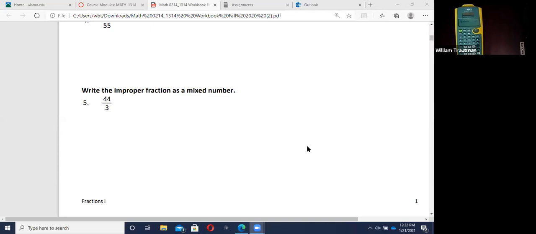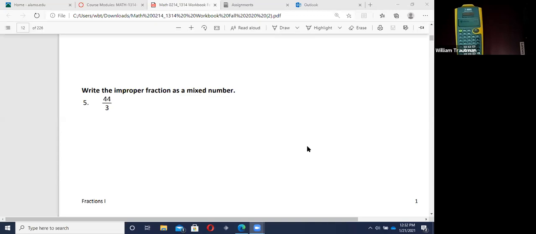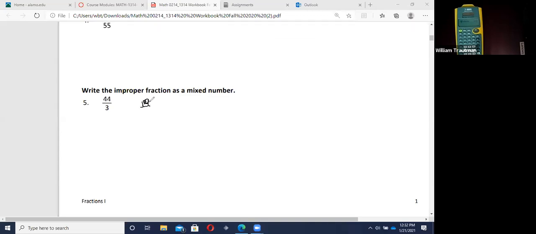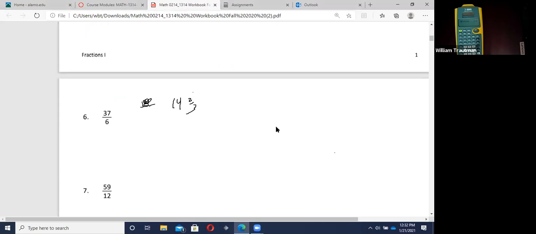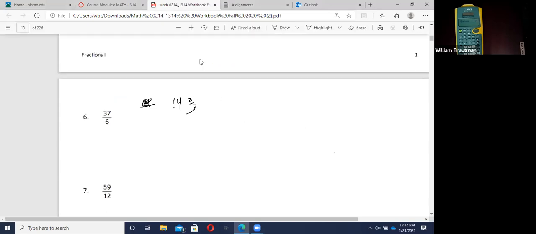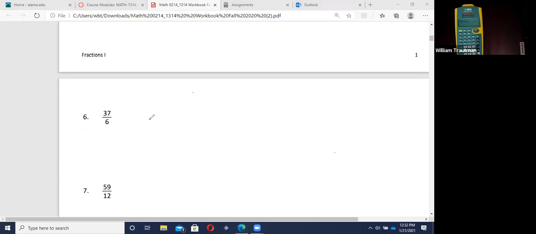So for this one, we ended up with 14 and 2/3. All right. I'm going to go down to the next question. When you put this one into your calculator, you should get 6 1/6. 37/6.